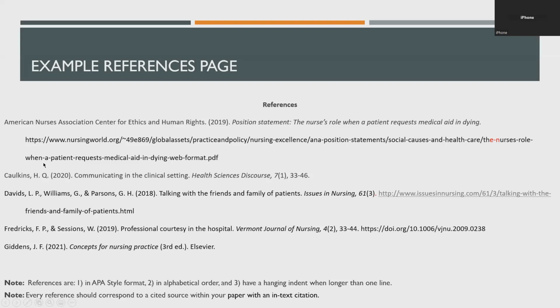We also use what is called a hanging indent. So the first line is not indented, but all the other lines in the reference are. Here, this is only one line, so there's no need to indent. But if we move down to this next source, first line, not indented, the next line is indented. Down here, both of these references are only a single line, so we don't need to indent anything.